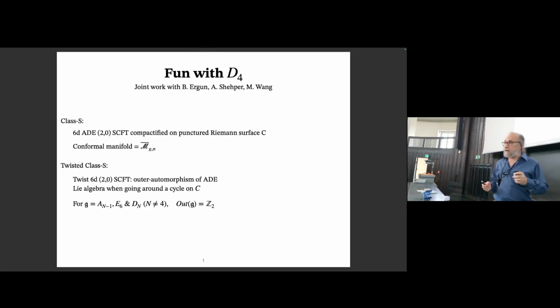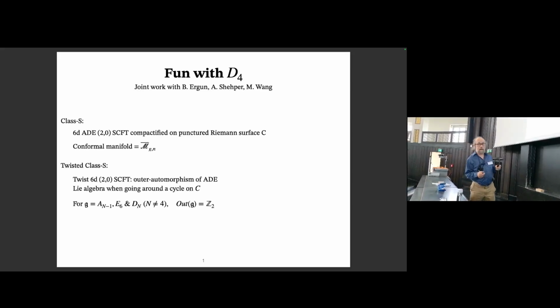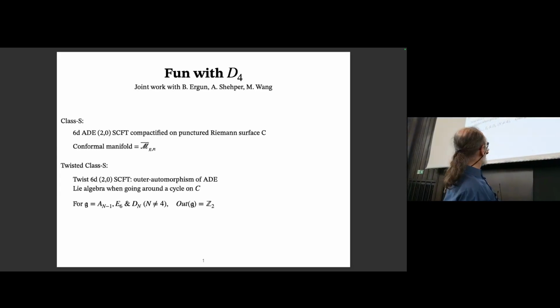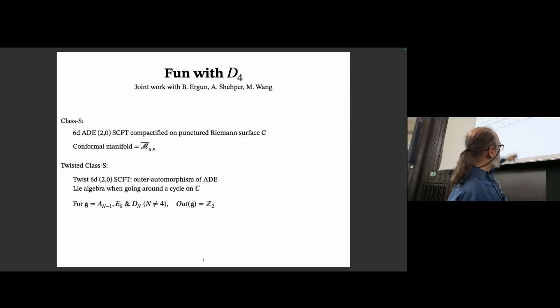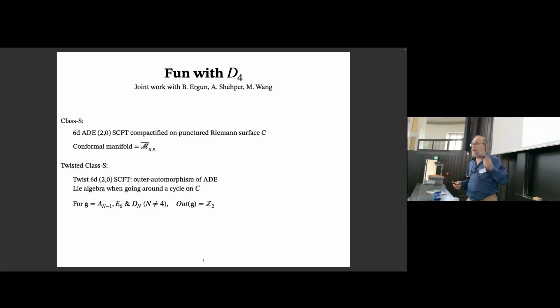In the twisted case, which is actually going to be what I'm going to be talking about today, things are a little bit more complicated. First of all, if you have an ADE Lie algebra, of types A, E6, or D, there's outer automorphisms.